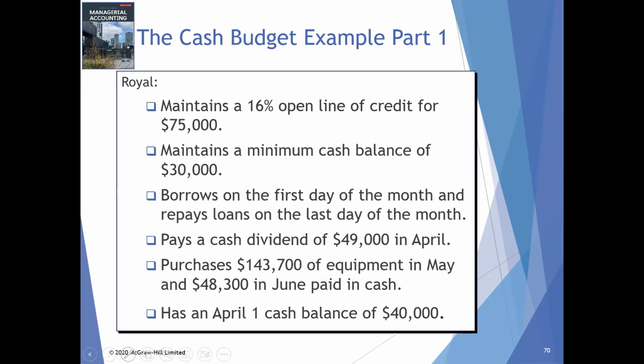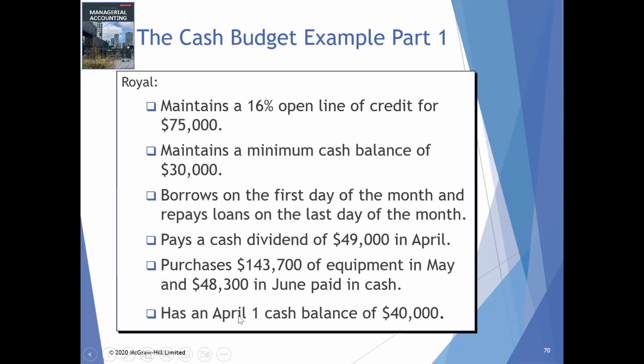Now, if we talk about purchases, the company is planning to purchase some equipment, $143,700 in the month of May and $48,300 in June, and definitely they will pay in cash.